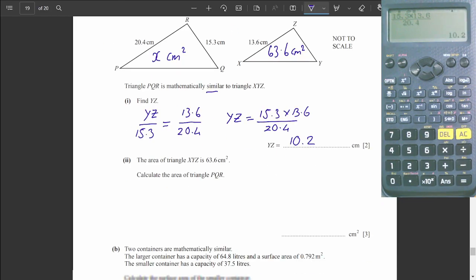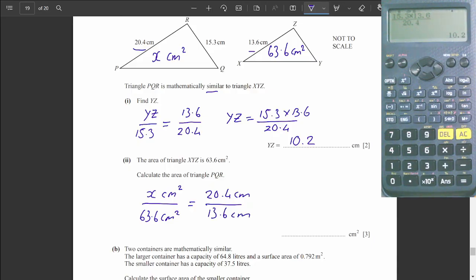So again, let's write it down as it is. And this time I'm going to write down the units because this is important. So the area of the bigger triangle, we write it over the area of the smaller triangle. And this time, because I wrote the bigger one first, I need to keep doing that. So it's 20.4 centimeters over 13.6.